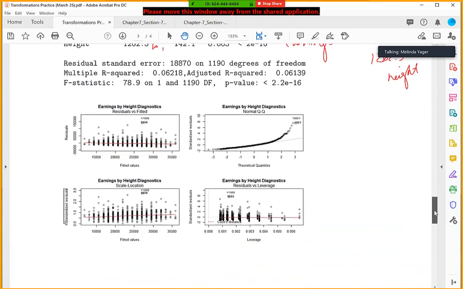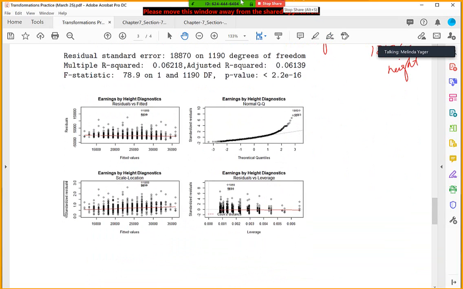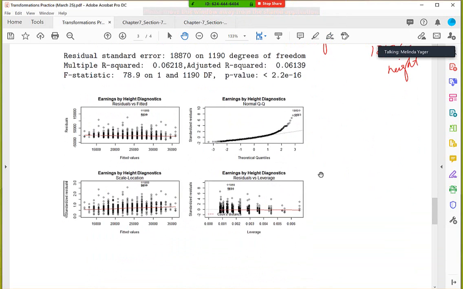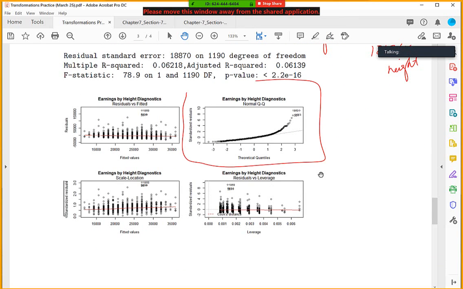All right, I don't know where we're at here. You can stop me if you have questions. Looking at the diagnostic plots, do you think we have any issues with our assumptions? Yeah, well, it's actually right skewed because we don't have it in both tails. So this is definitely right skewed. So we definitely have evidence against normality of residuals.